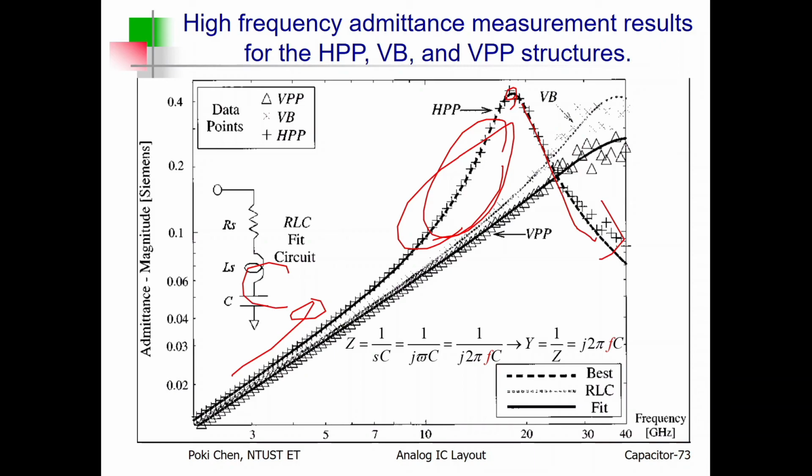Here, according to the going down property, the admittance is reduced as the frequency is increased. It means that it looks like an inductor here instead of a capacitor.